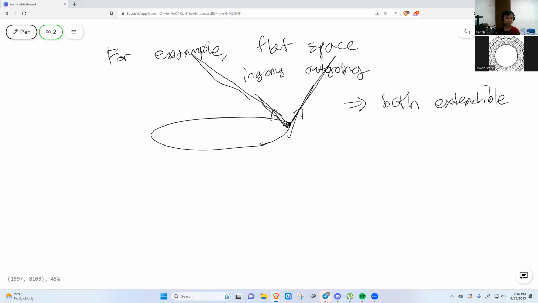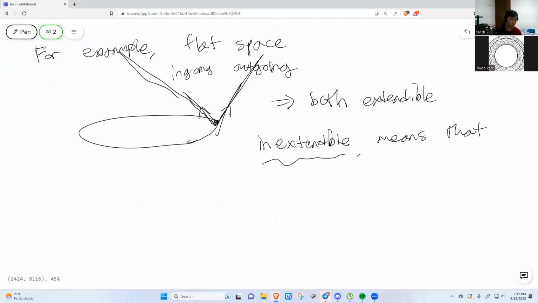And by extendable, the definition of inextendable means that... I don't recall the definition, which is annoying.